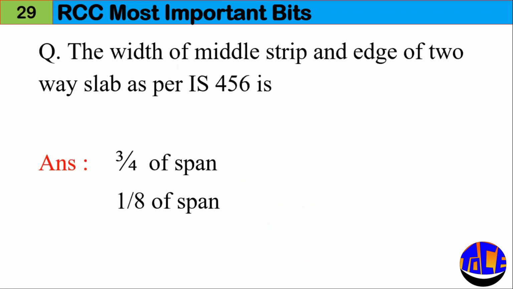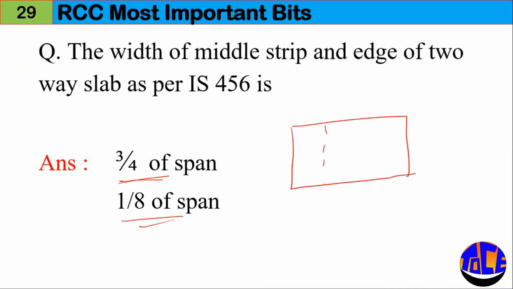Question number 29. The width of middle strip and edge strip of a two-way slab as per IS 456. The middle strip is 3/4 and the edge strip is 1/8. So this is your middle strip.